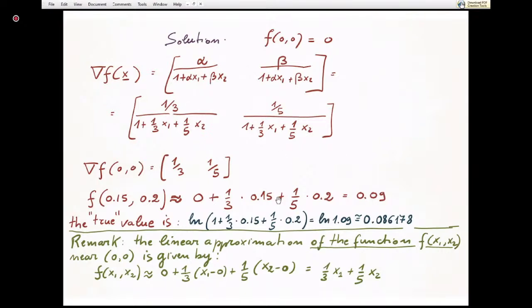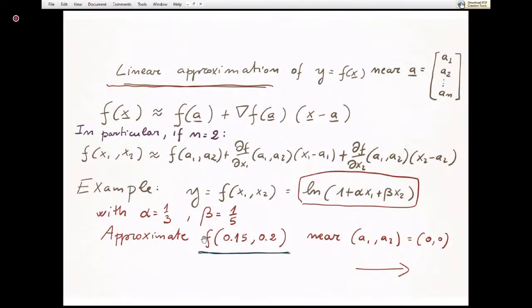When I want to approximate the change of the value of the function, this is an application of the differential. I have an initial point, I have an increment. Remember that the initial point is 0, 0. The new point is 0.15, 0.2. In this simple case, the new coordinates are also the increments because they start from 0, 0.